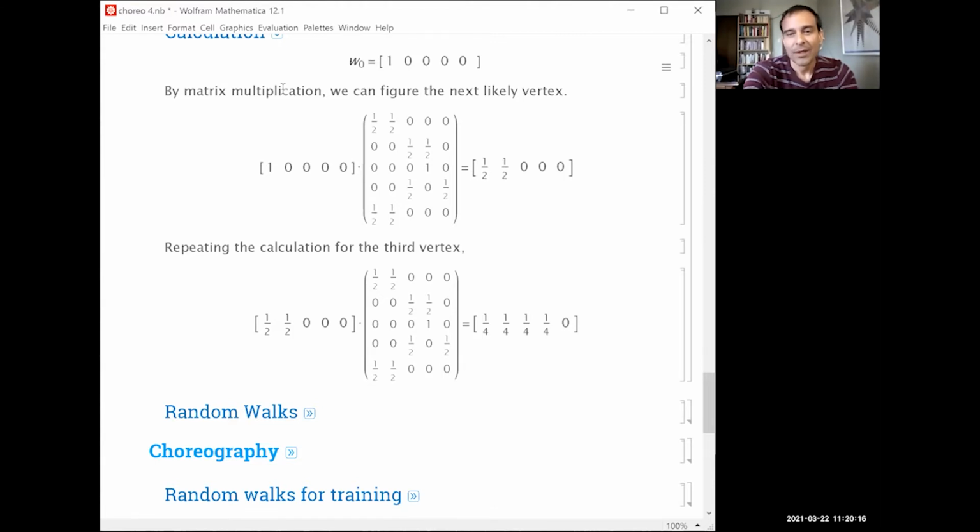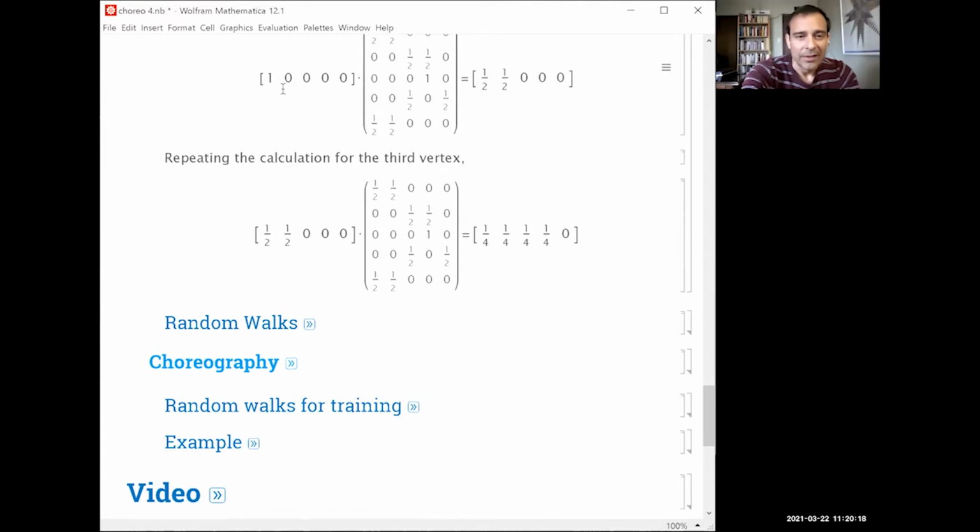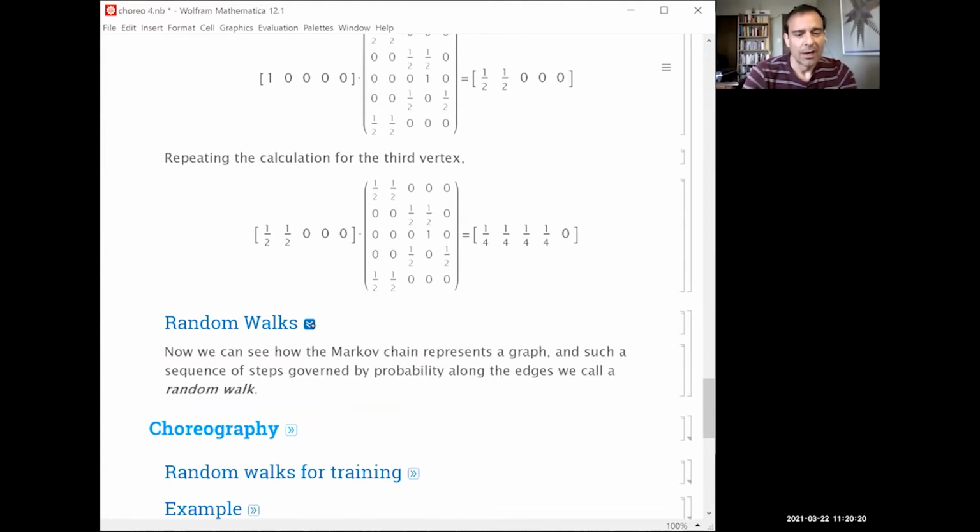And so a random walk is essentially making use of this idea of probability as it pertains to making decisions about which way to go on a graph, assuming that you have choices to make, given that you will walk along the edges of the graph.